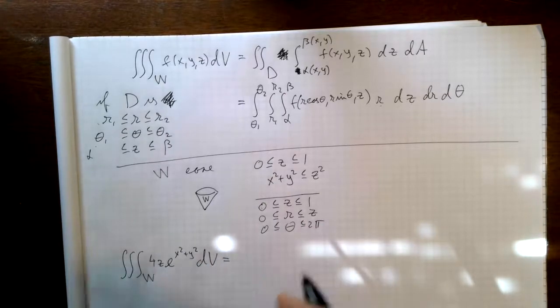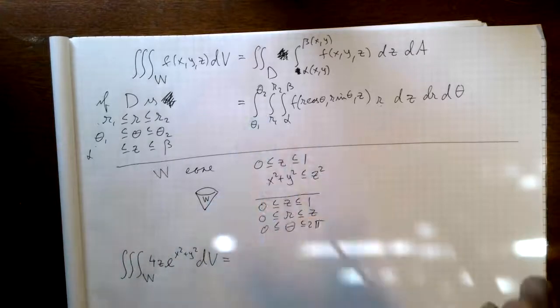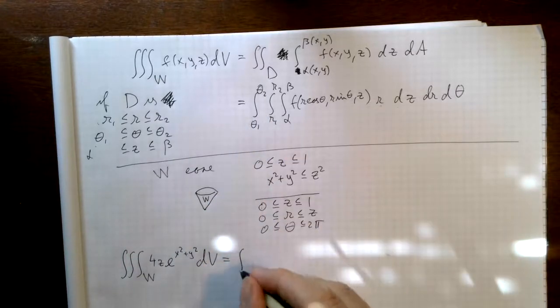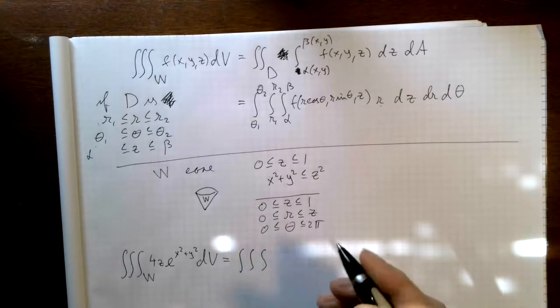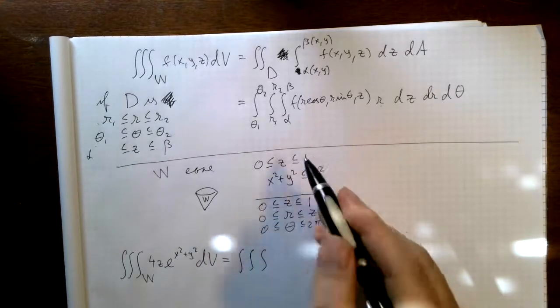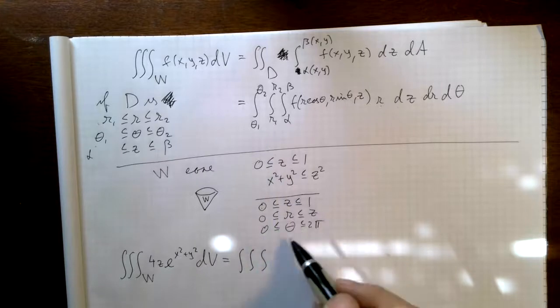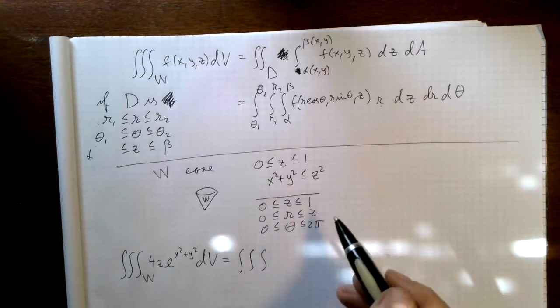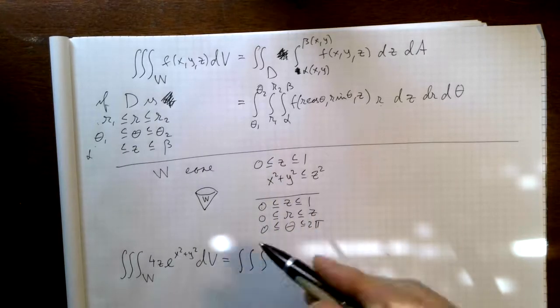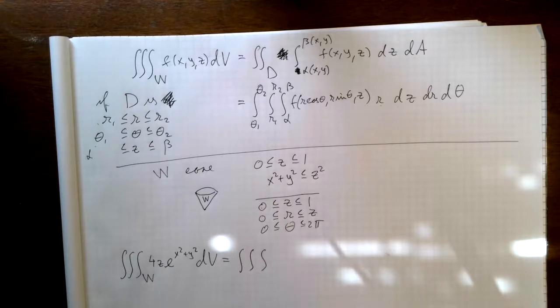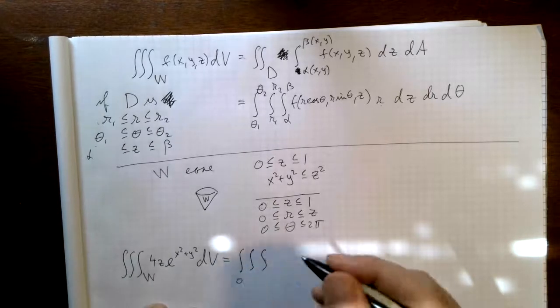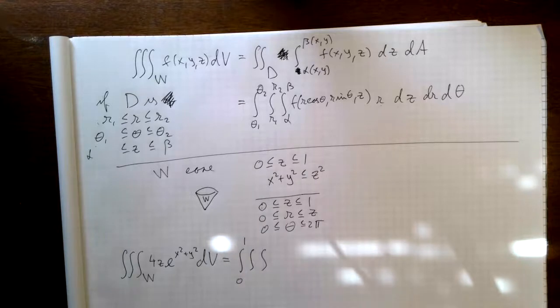And so we write it out in some iterated way. Since z and theta are really the ones that are given in terms of constants, those are the ones I would put on the outside. Maybe you can put the z on the outside completely. It doesn't really matter.